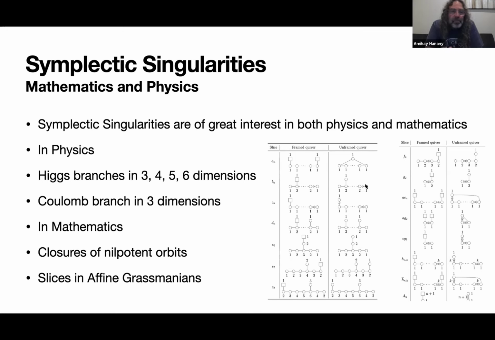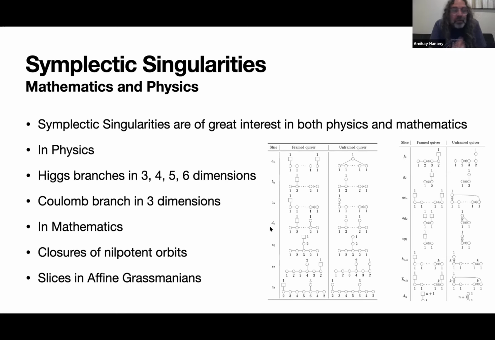He looked at a class of quivers which arise on branes in the vicinity of particular Gorenstein singularities. And this led to a very beautiful dialogue between particle physics and branes on the physics side, and algebraic geometry and representation theory on the mathematical side.